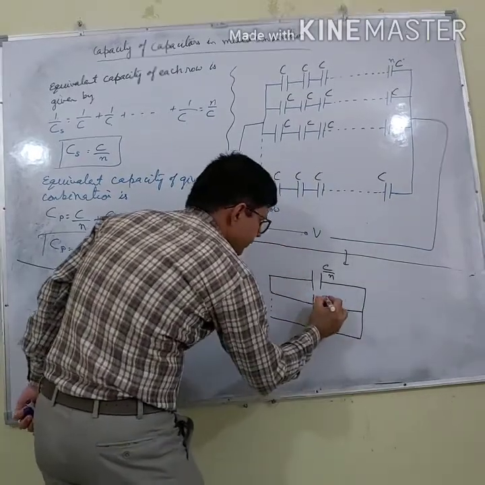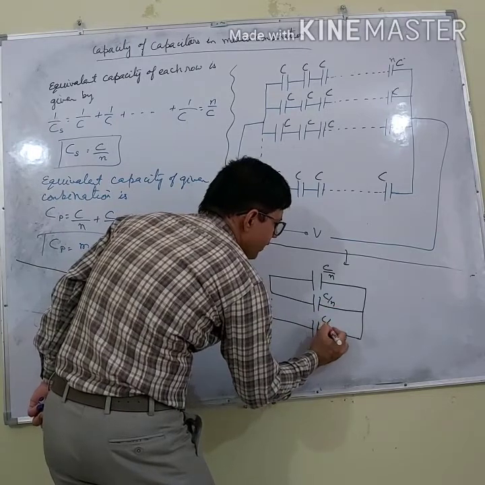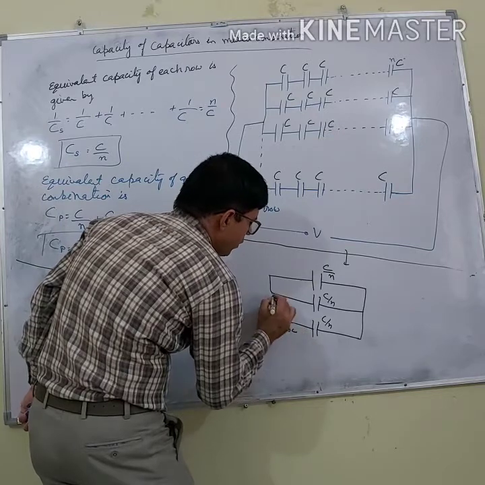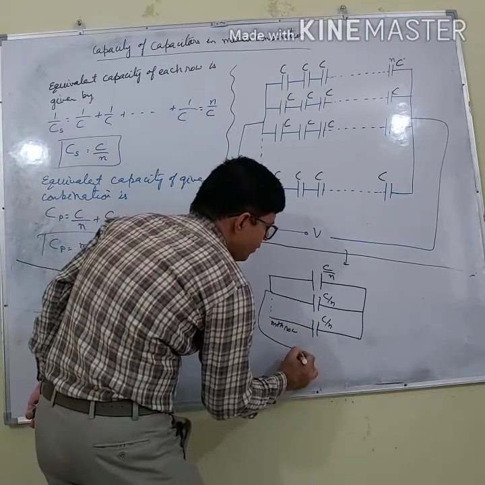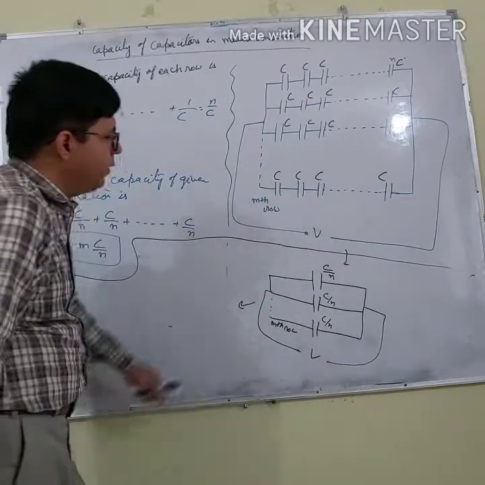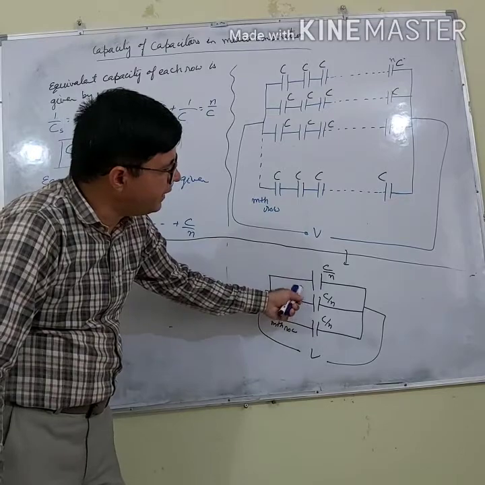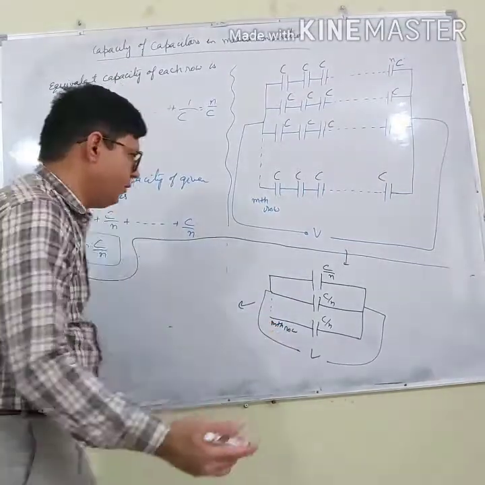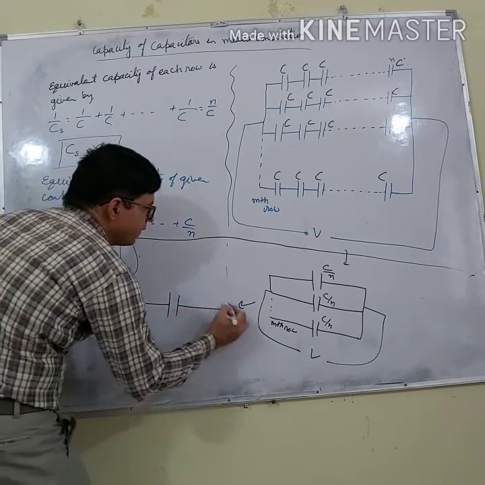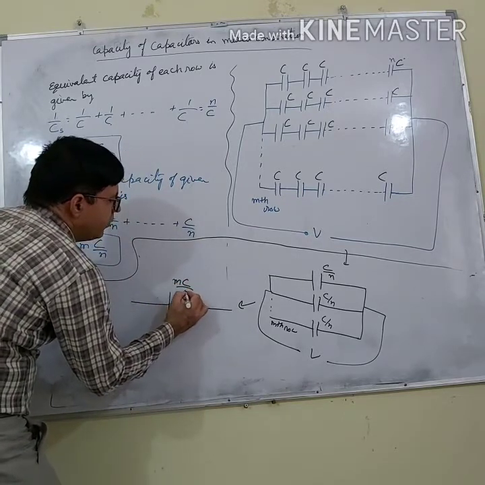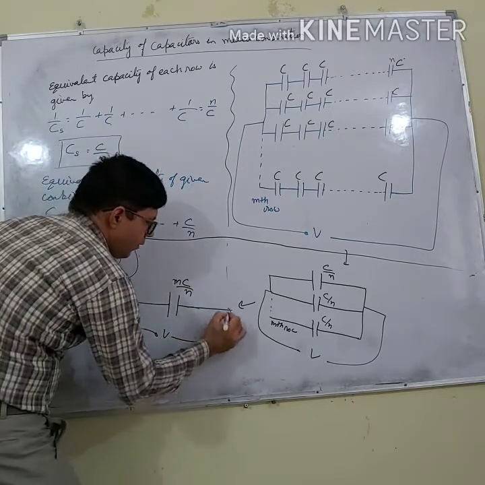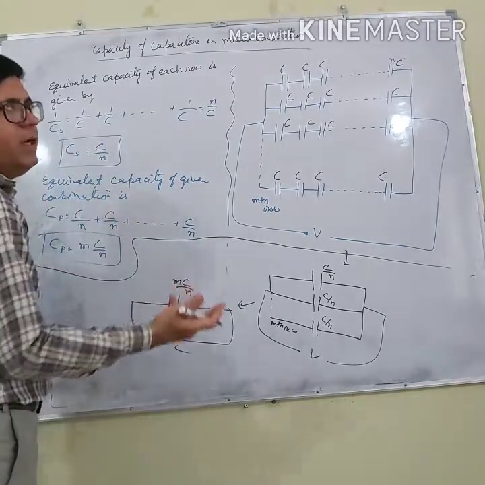C by n, C by n. This is the mth row. Now, if I have these capacitors connected in parallel, capacity will be added. So I can say that it is equivalent to m times C by n. Right? So both are correct.